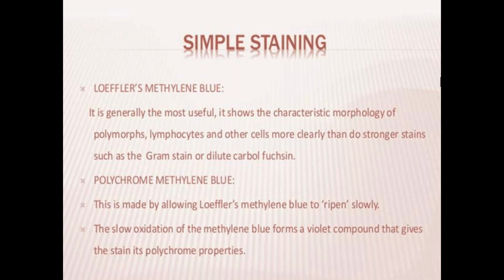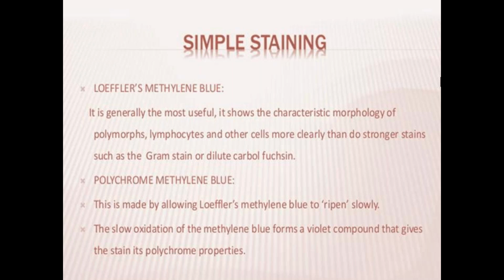It is the most useful stain, and it mainly gives the characteristic morphology of different types of cells. And here, different morphological structures of microorganisms can be studied by using the methylene blue stain.